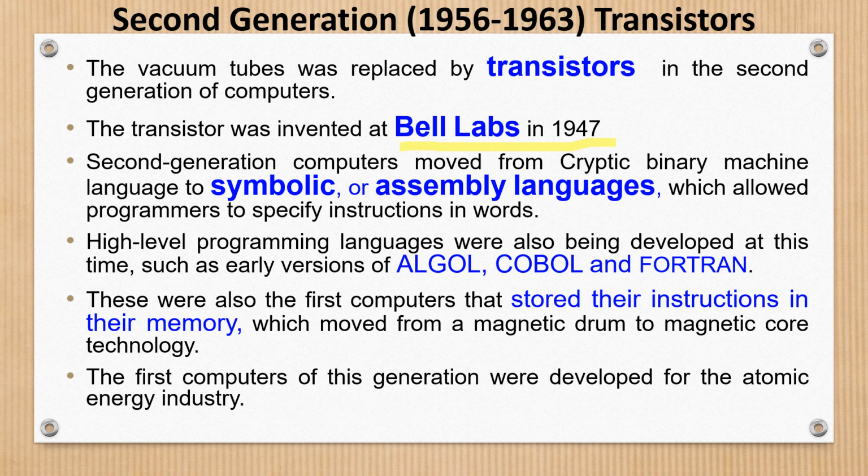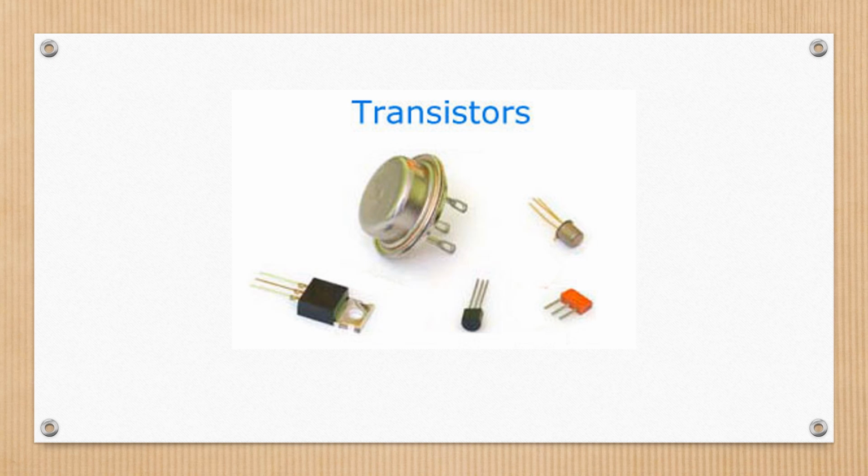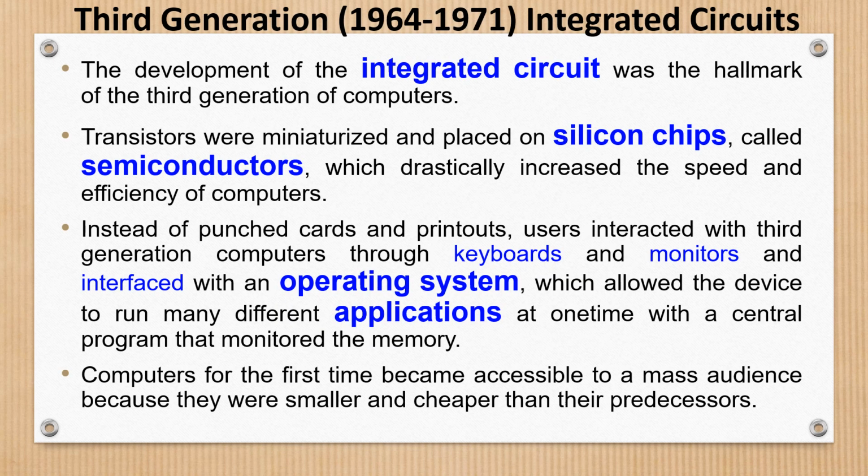The first generation computers were developed for the atomic energy industries. The second generation systems work on transistors, and you can see the size of a transistor is much smaller than the size of vacuum tubes.